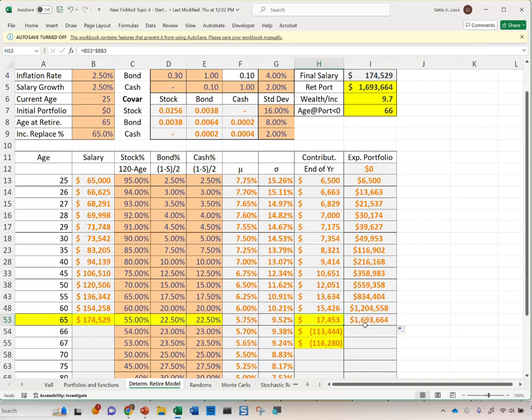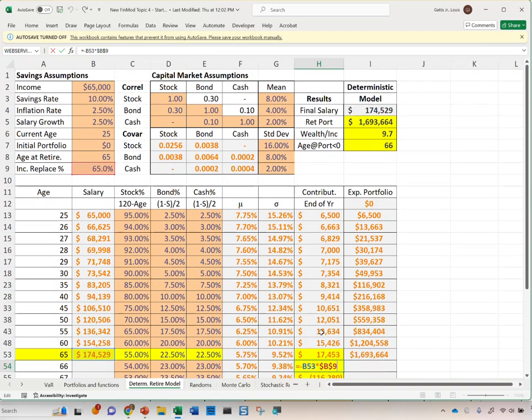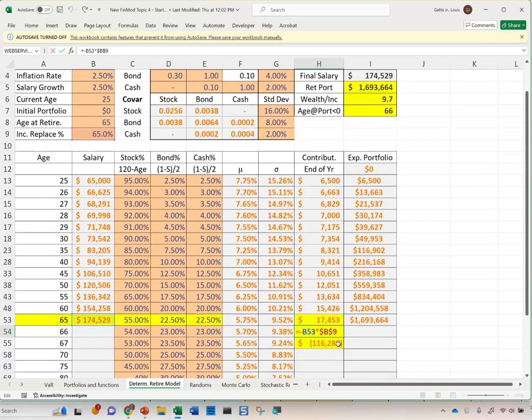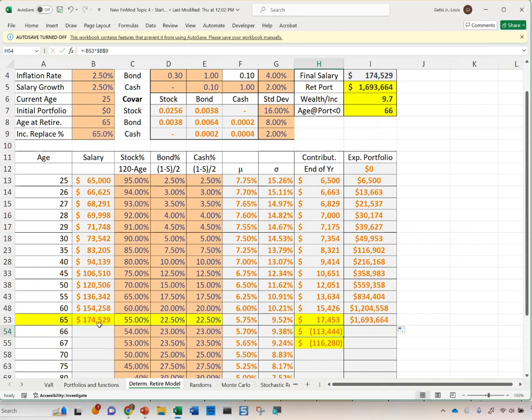But let's see what happens at the year of retirement. So we'll assume that this is the last year you're working, age 65. At age 66, you no longer have an income, and you're going to withdraw 65% of your portfolio balance. I'm sorry, you're going to draw 65% of your final year's salary from your portfolio.